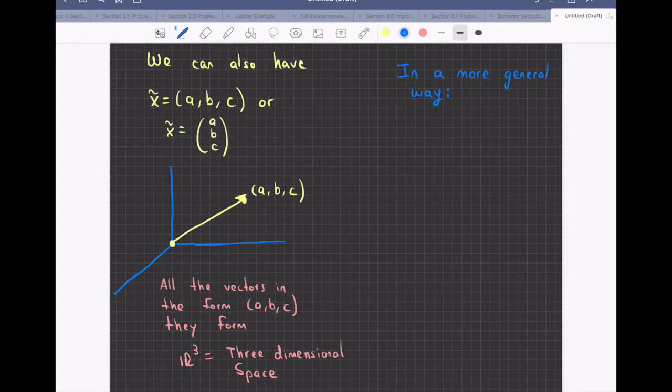But why stop only at two or three? Why not put A, B, C, D or A, B, C, D, E, more than three numbers or more than four numbers? Of course we can do that, and that's going to be a vector as well.